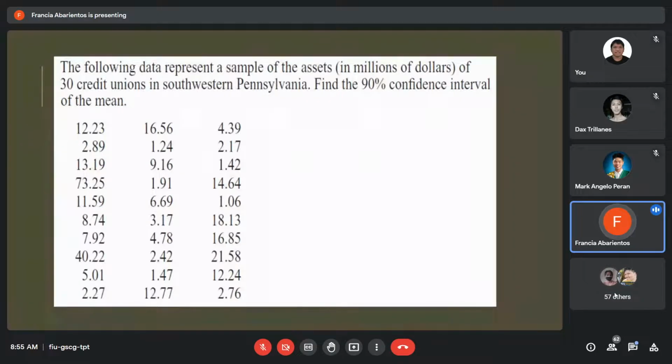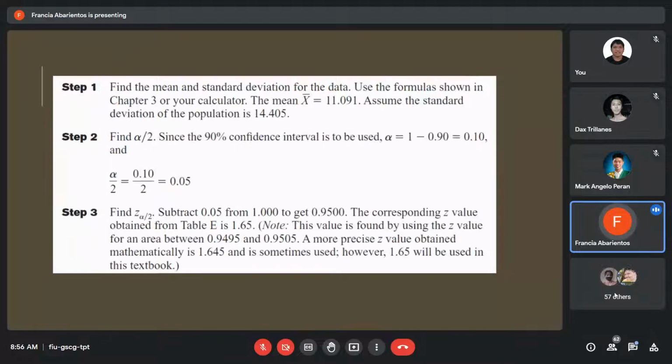Another example para mas maintindihan. So, given sa atin dito yung data, which is your n natin, automatically ilan to? 30. So, pinapahanap sa atin yung 90% confidence interval of the mean. Yan. We have data presented here. So how do we compute for that?